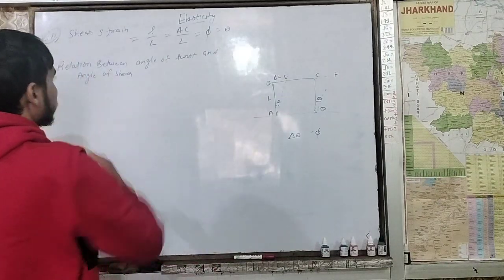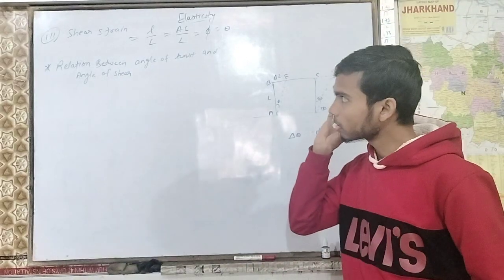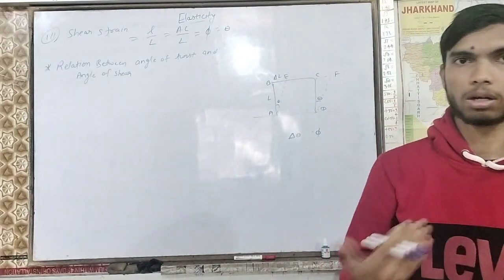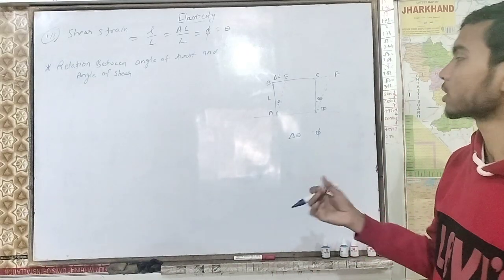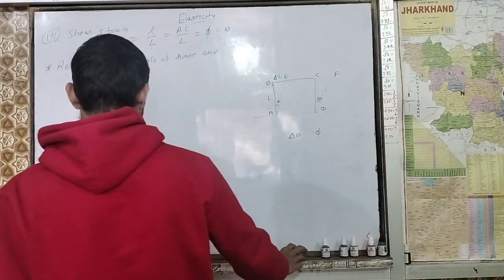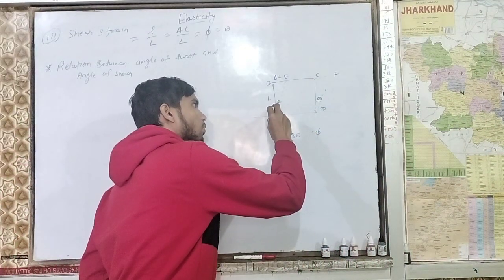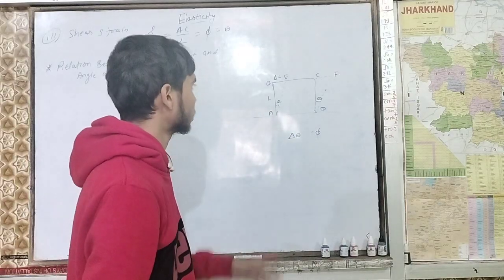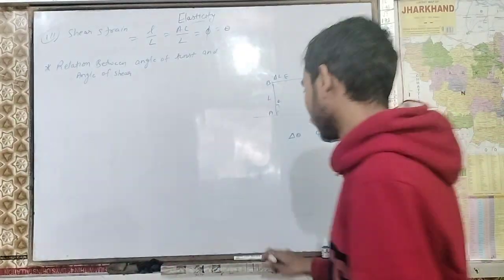This was the figure of shear strain. It is done. Now we are going to talk about the relation between angle of twist, twist means curl, and angle of shear. You can see it rotated with this much angle. So this is what is known as angle of shear.